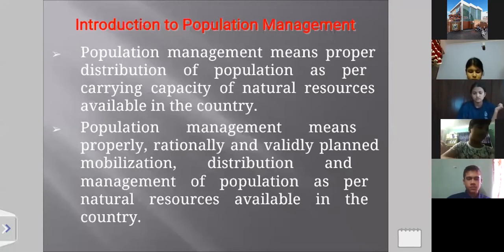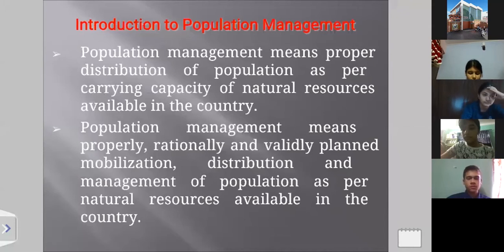And if there is uncontrolled population distribution, then it becomes very difficult to get different resources in a certain country. So in any country, according to the capacity of resources, population should be distributed. That's the meaning of the first definition of population management.